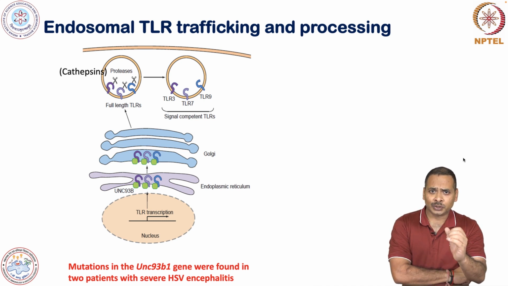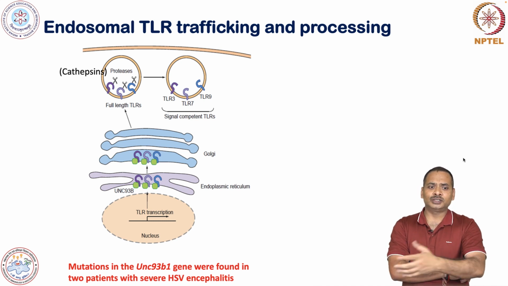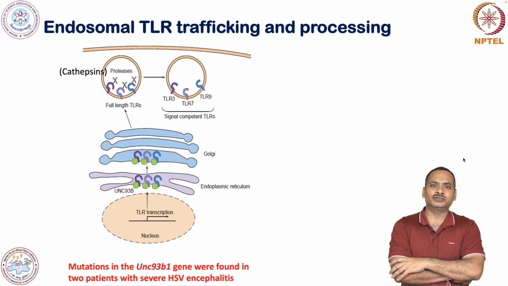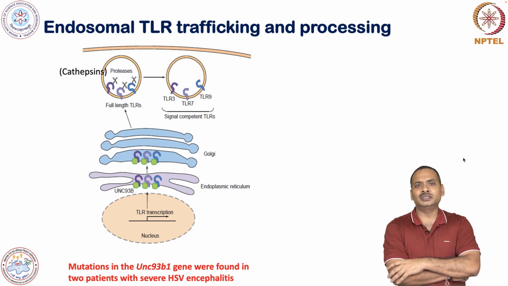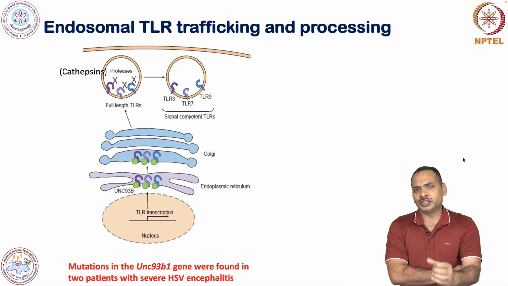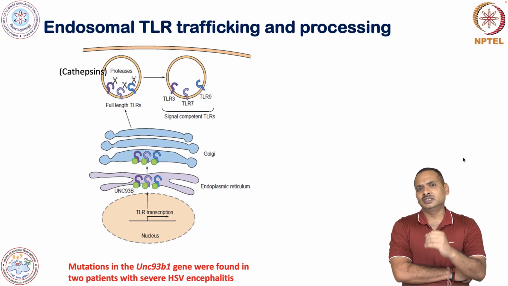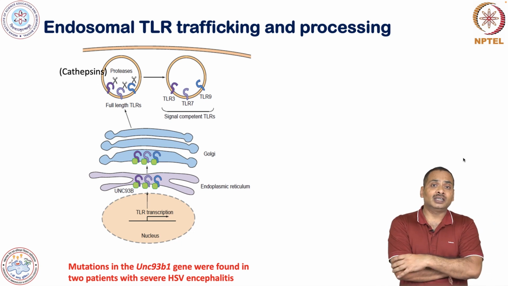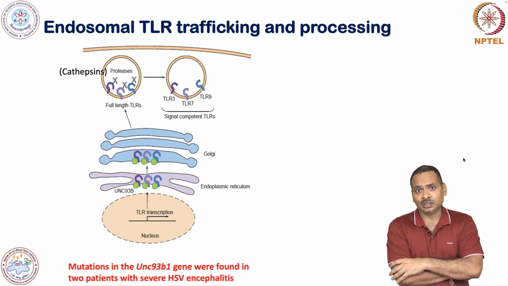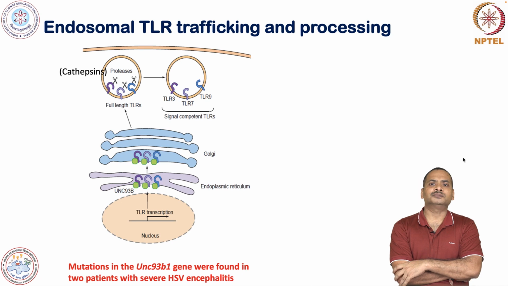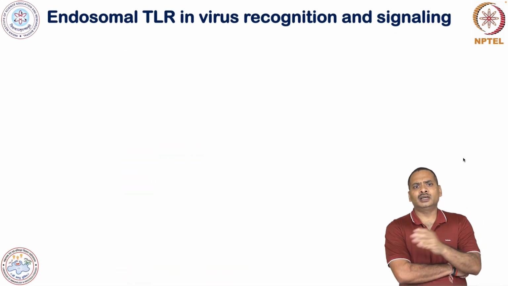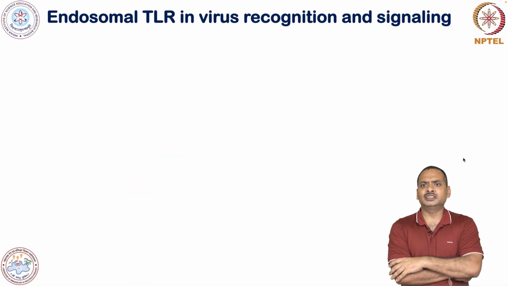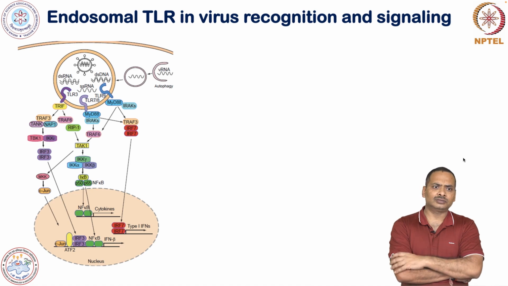There are only 2 patients so far that we know, maybe more will be there, and if there is a mutation in this gene, it will hamper all the TLRs which are translocated into the endolysosome. Now I will talk about endosomal TLRs in virus recognition and signaling.